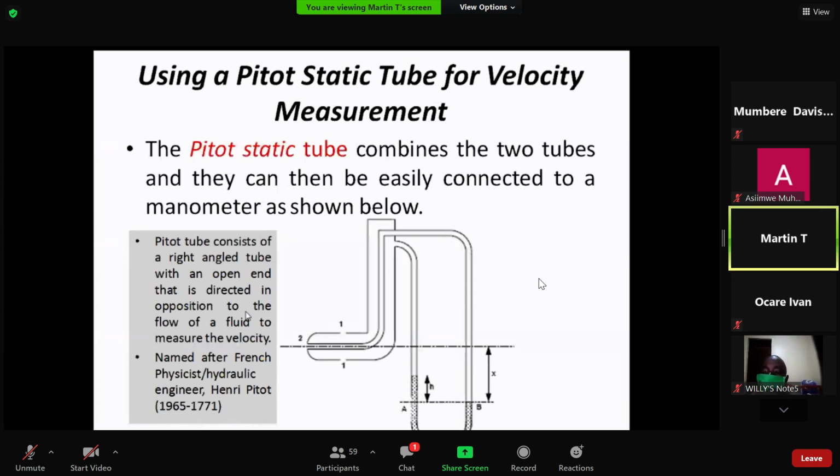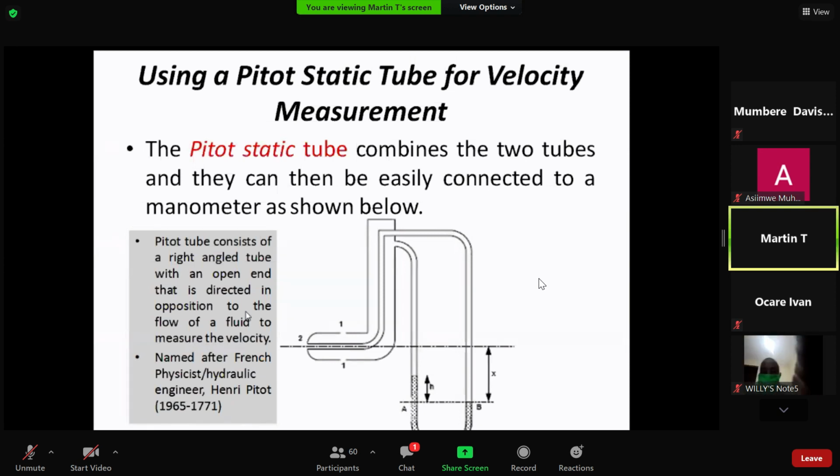Okay. So if you were to look at the setup, and of course the manometer now with that one, let's look at the movement of the manometric fluid after connecting this pitot tube, after inserting it in a moving fluid. Do we expect that the manometric fluid is going to rise up at point A, or it would rise up at point B?